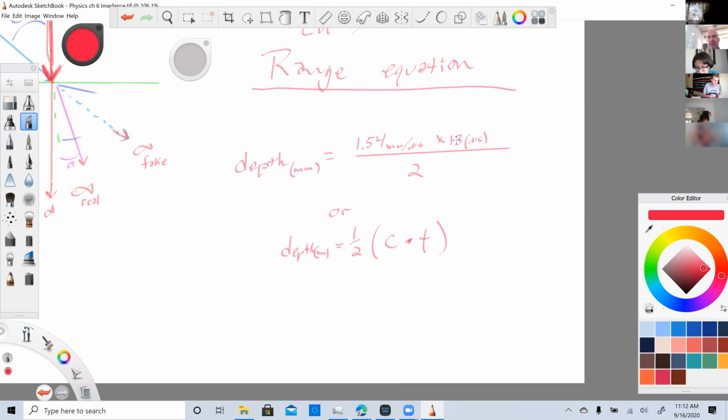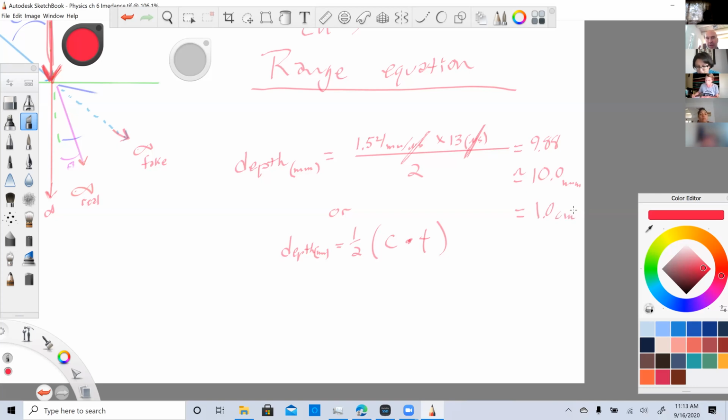Close enough. 9.88 is close enough to 10.0 millimeters. We crossed out the microseconds, they've canceled out. 10 millimeters. In ultrasound we generally don't report depth in millimeters, we report it in centimeters.